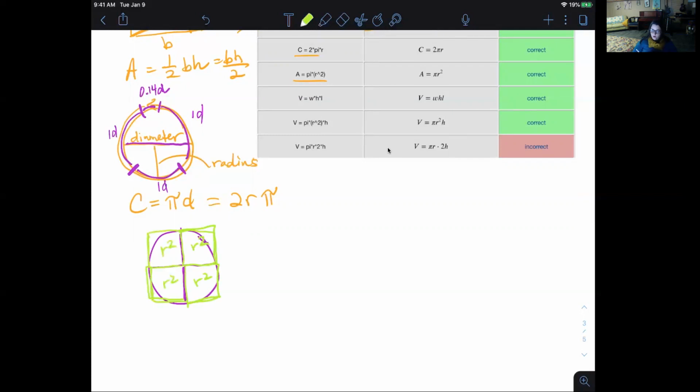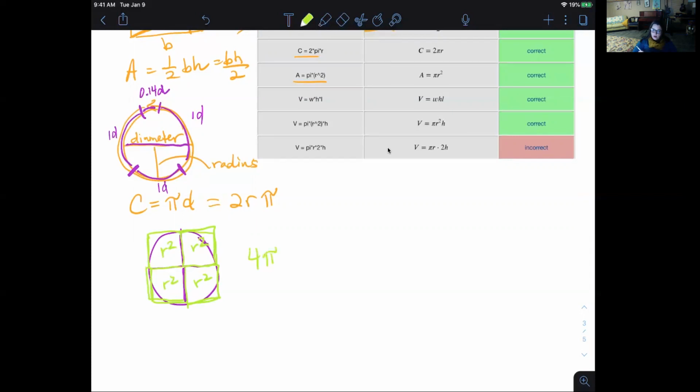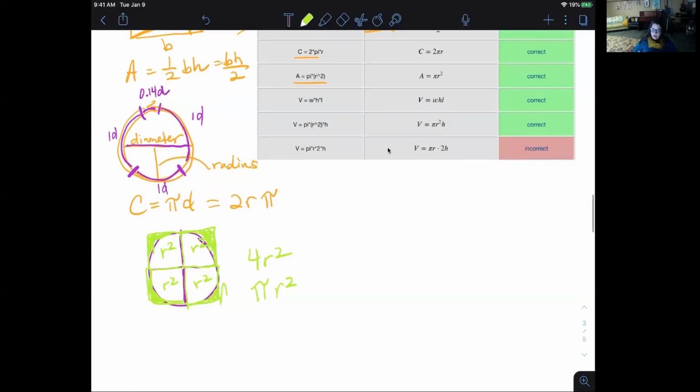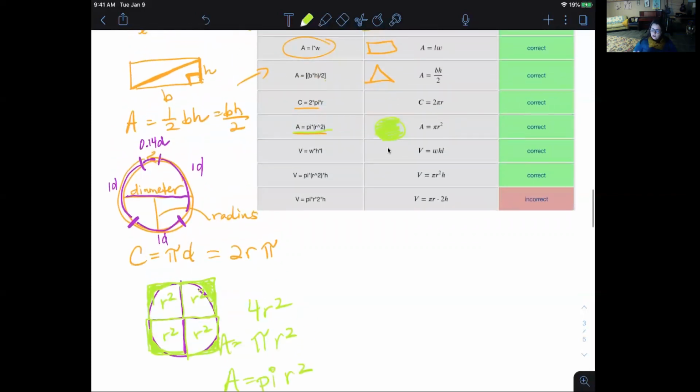If you had 4 radius squareds, it would be too much. So instead we have pi number of radius squareds, which is about 3.14. If you were to take off these outside edges, that might be what's left. So the area is, and on WebWork, you're using pi r squared. That is the area of a circle, versus here is the circumference, which is like perimeter, but of a circle.